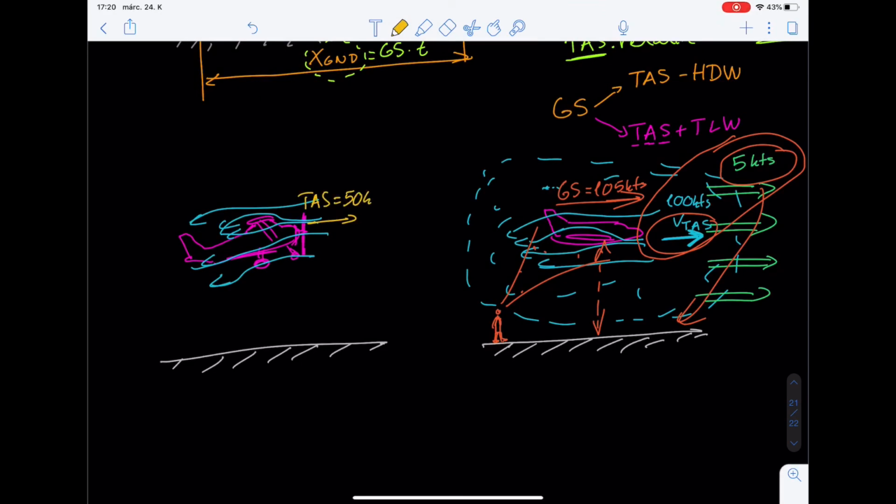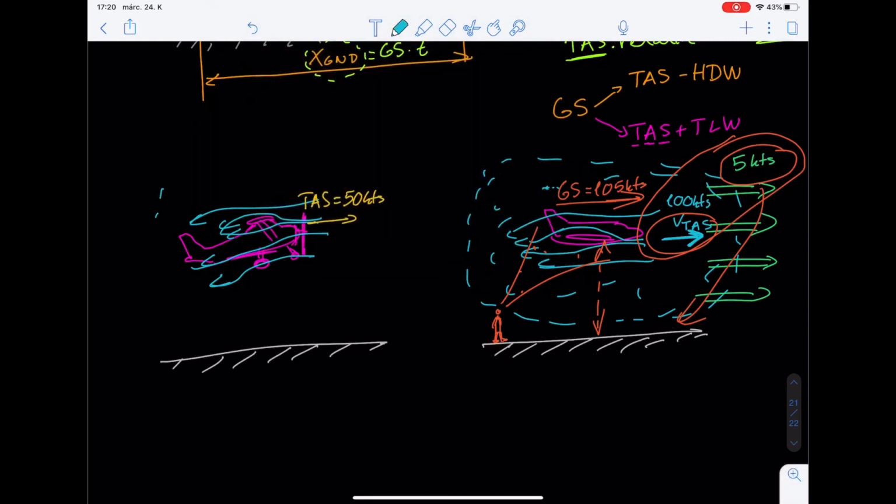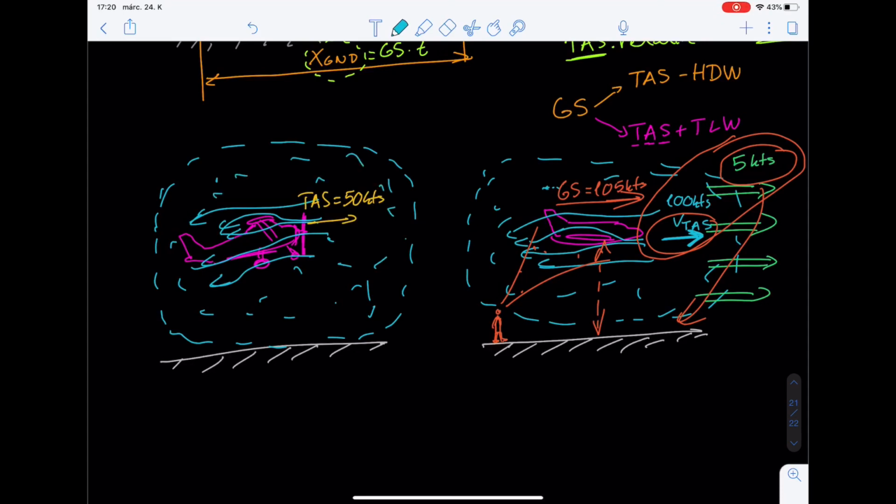And yet again, this example is going to be extreme. And so the air mass around it in which the Cessna is flying is going to be moving backwards. So I'm going to have a so-called headwind.